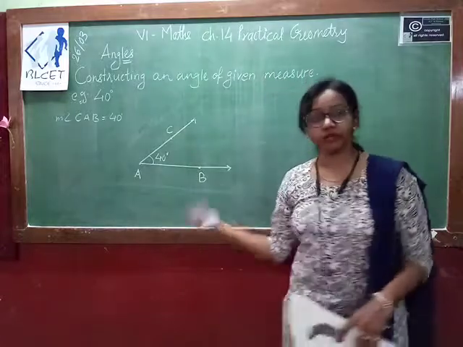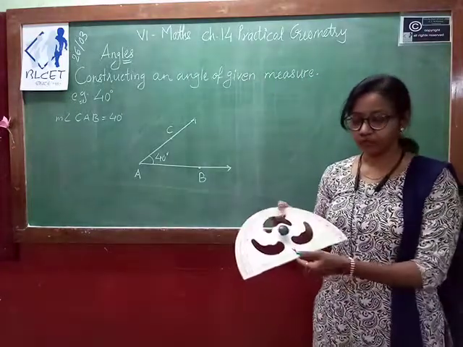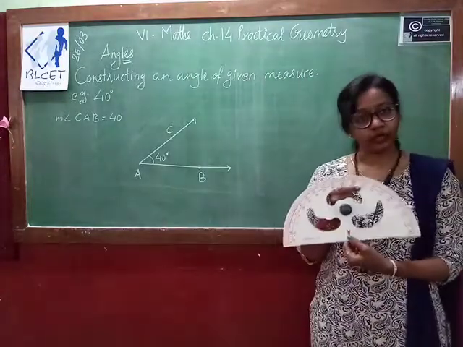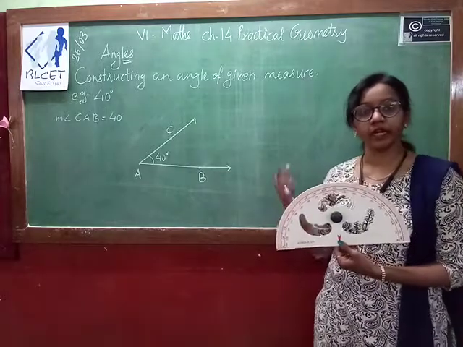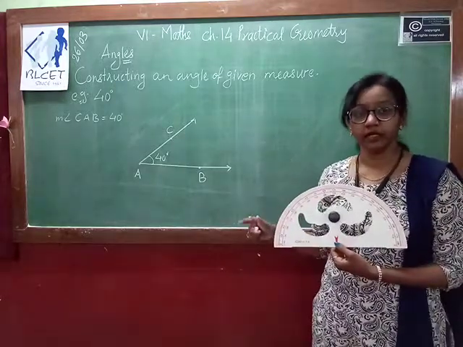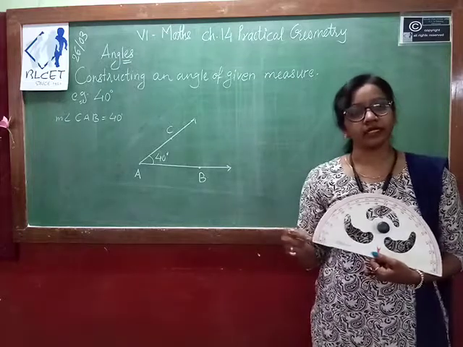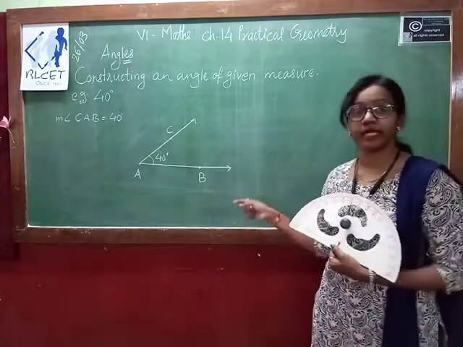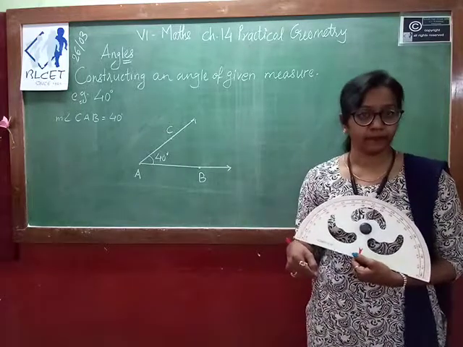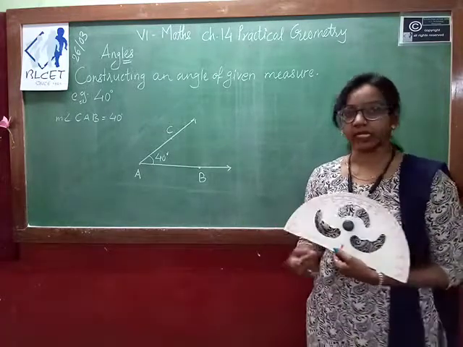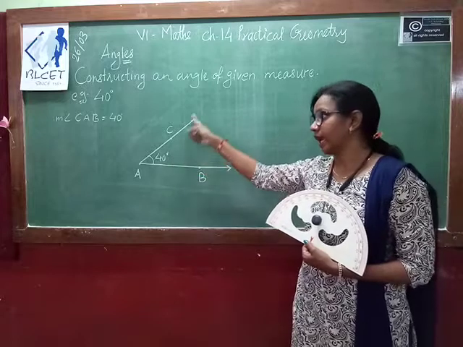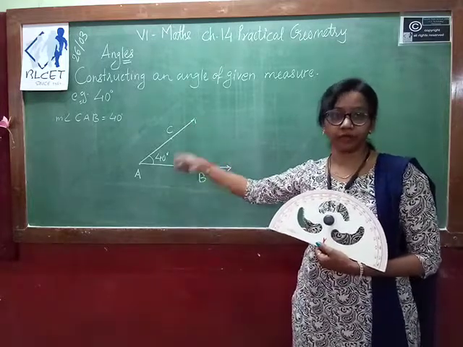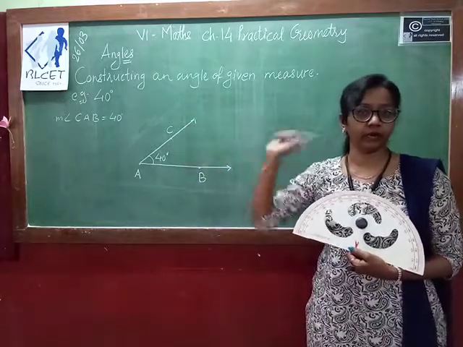Suppose we are given 140 degree, so we can use this protractor again and draw the 140 degree angle. Whenever the measurement is given to you, you have to first judge whether the given angle is acute or obtuse. Suppose you made a mistake that in place of 40 degree I have marked 140 degree, by mistake reading the upper scale.